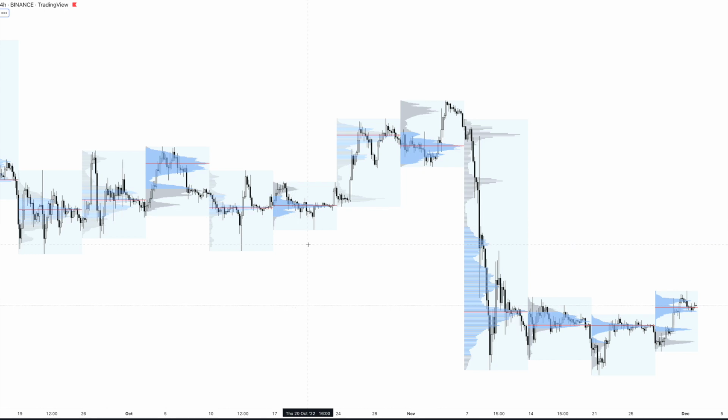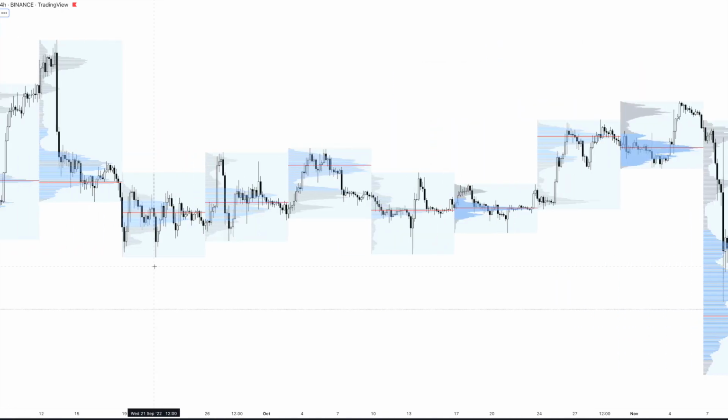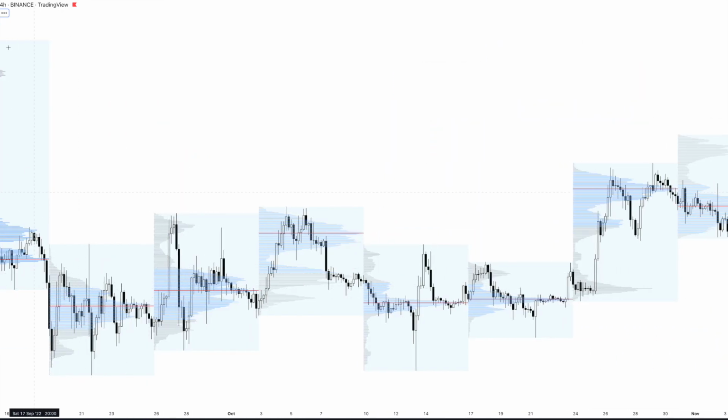In essence, just to make it as simple as possible, if you have a bell curve profile, right? So something like this right here, where it is shaped like a bell curve, when you have those types of volume profiles, market profiles, that is telling you that the price of the asset is at a fair value, right?